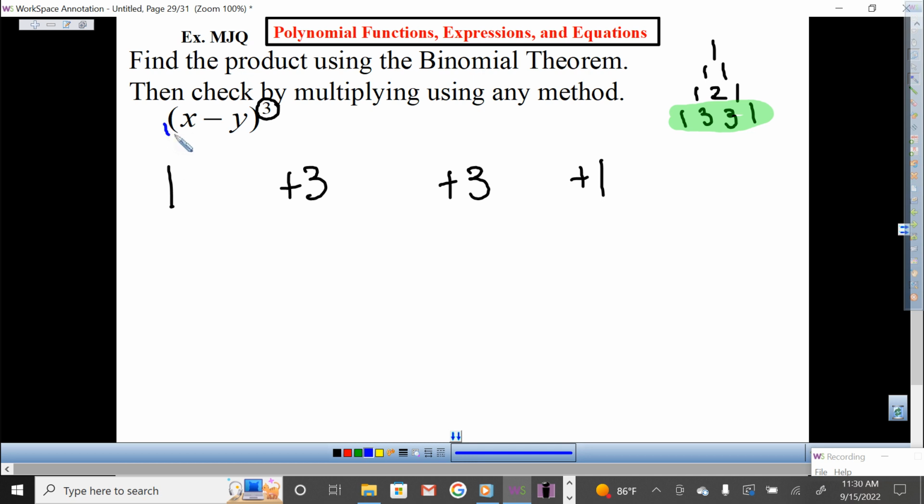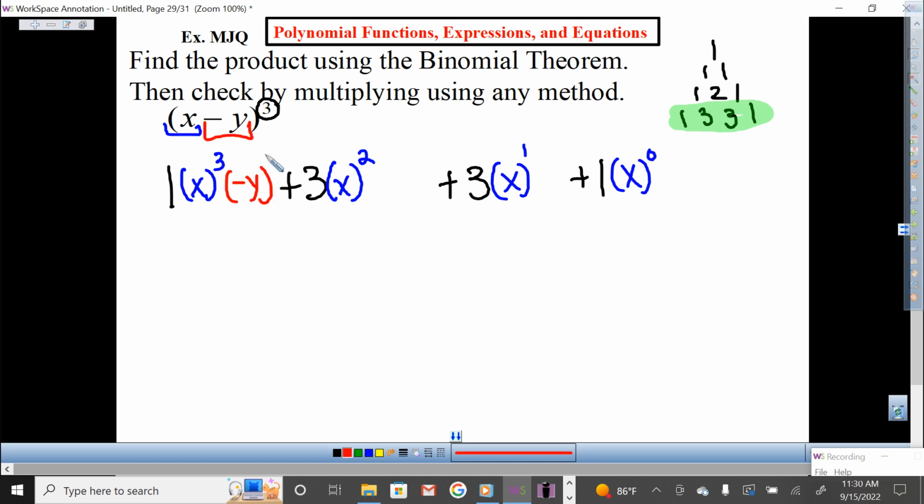I'm going to start with the first term, and I'm going to go x to the third power. But as it goes at each term, it loses a degree. X to the second, x to the first, x to the 0. The second term, negative y to the 0.